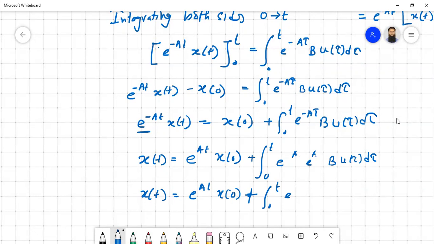So changing the order is not a wise thing to do. So e to the power a t minus a tau. So if we take common, then we have a t minus tau b u tau d tau.